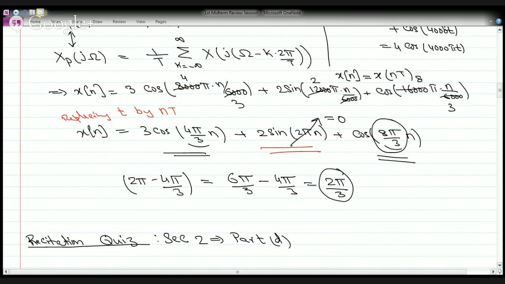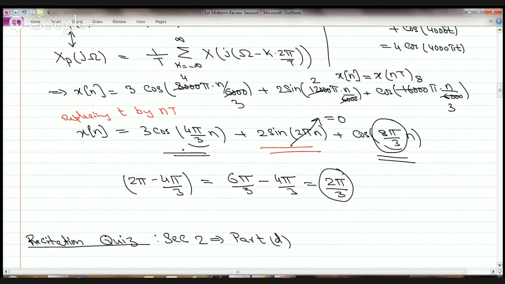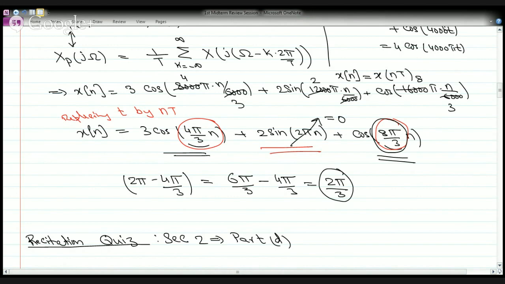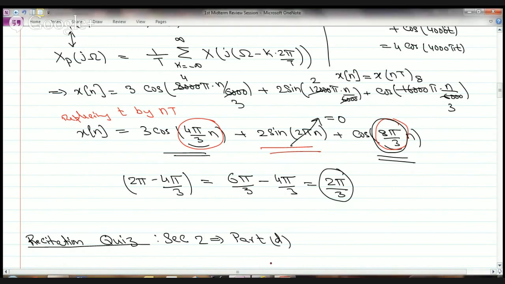Now part D is simply asking, so if you just do this problem as it is, you see that the frequencies that you are getting for the two cosines are above the fundamental period. They are bigger than pi. So next part is asking, how do you represent those frequencies? What are the values of those frequencies within the minus pi to pi region?